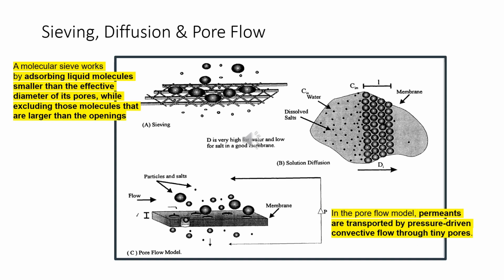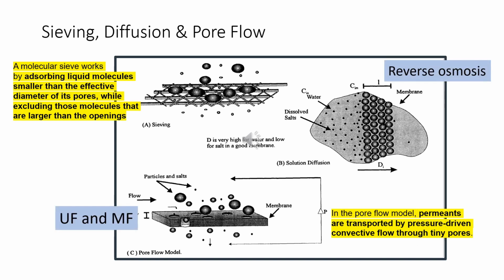And then we have the pore flow model here. In the pore flow model, the permeants are transported by pressure-driven convective flow through the tiny pores. So what do we mean by a permeant? A permeant describes something such as a liquid or gas that has penetrated or has the ability to penetrate something else.